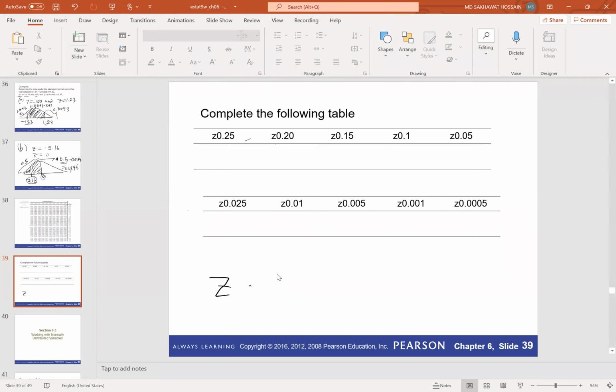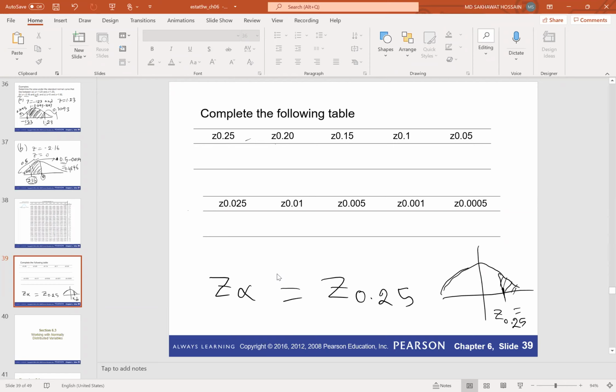So actually this is z alpha, z_0.25. This notation represents, if this is the normal curve, then this is 0.25.